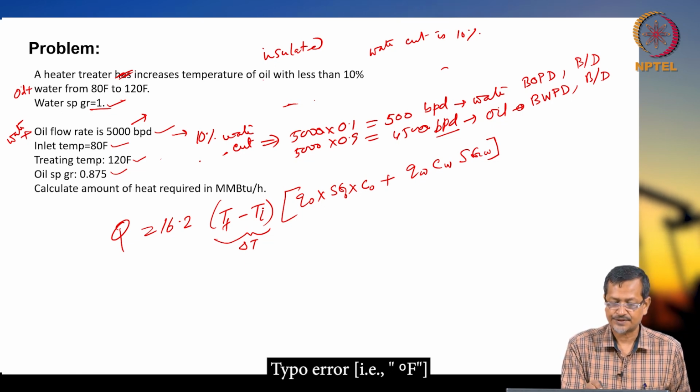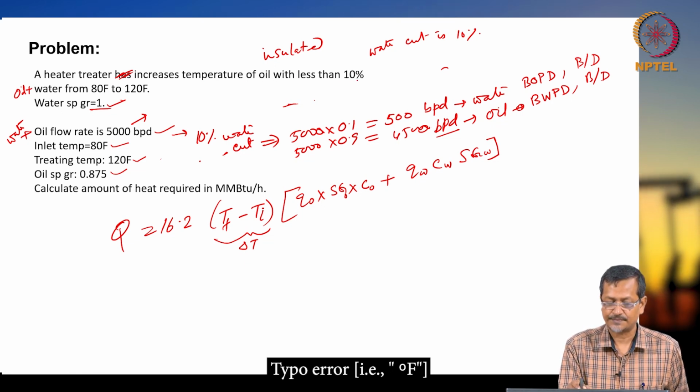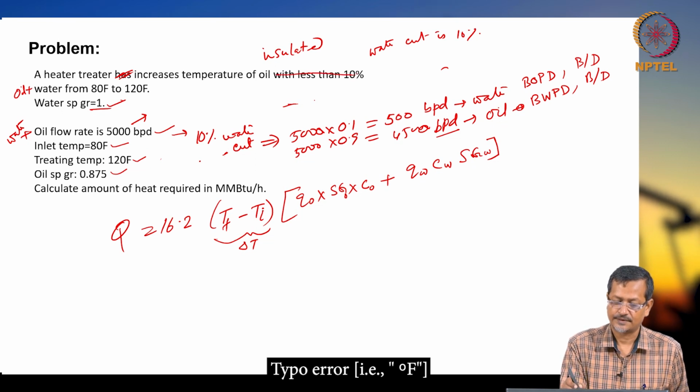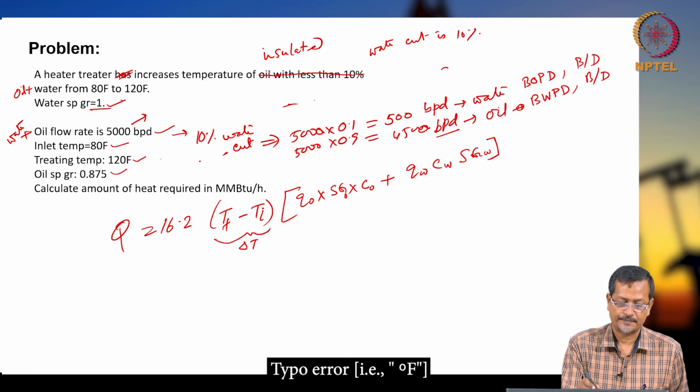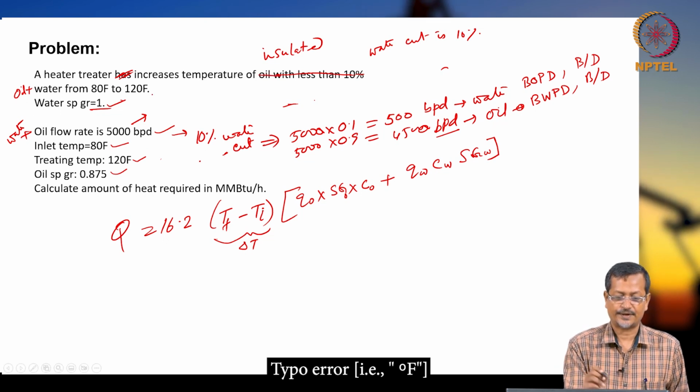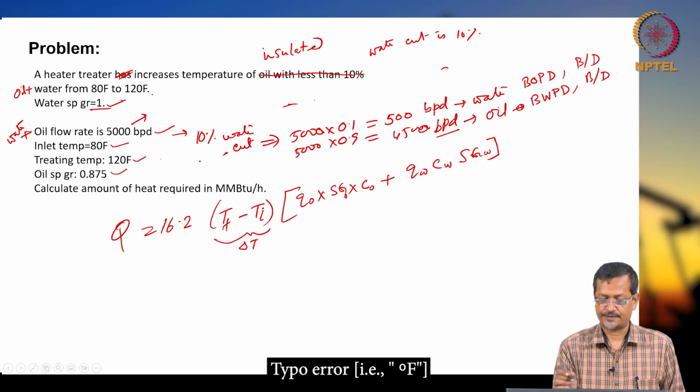Heater treater increases temperature of oil with less than 10% water. I will not write this one. Heater treater increases temperature of oil and water from 80 degree Fahrenheit to 100 degree Fahrenheit. Okay, this is better.